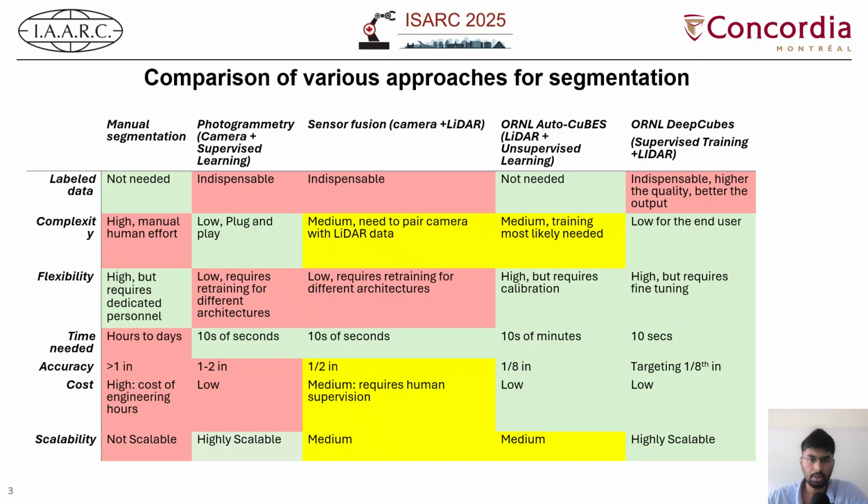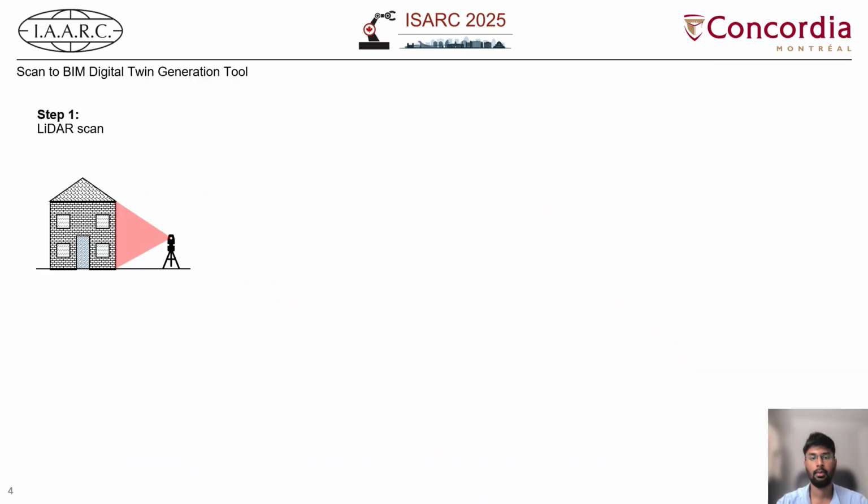Our approach, DeepCubes, aims to combine the advantages of LiDAR with supervised learning, offering higher accuracy and scalability with less human intervention. This is crucial for retrofitting older buildings efficiently.